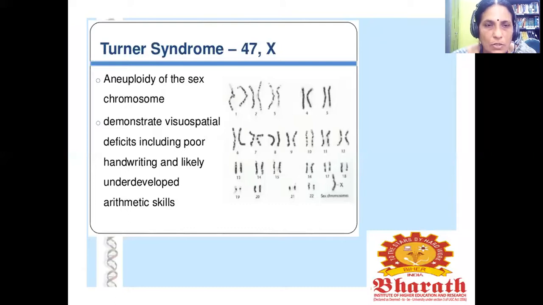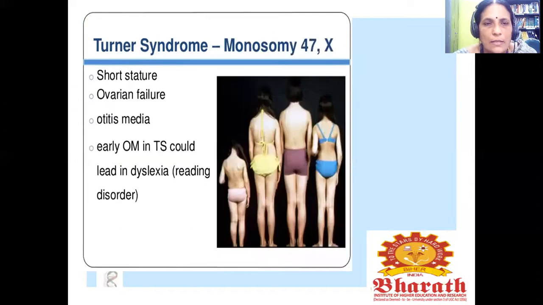The example is Turner syndrome, 45,X, an aneuploidy of the sex chromosome. It demonstrates visual-spatial deficiency, including poor handwriting and likely underdeveloped arithmetic skills.